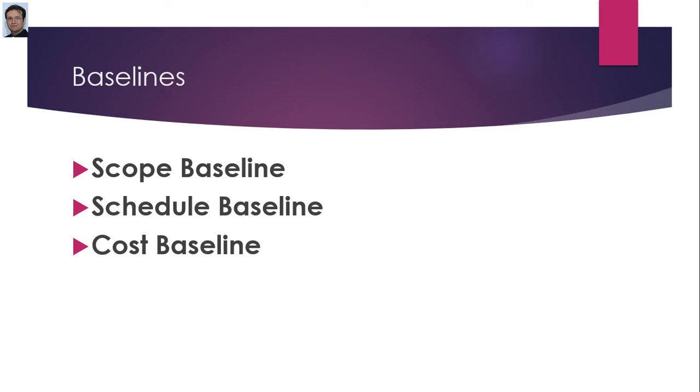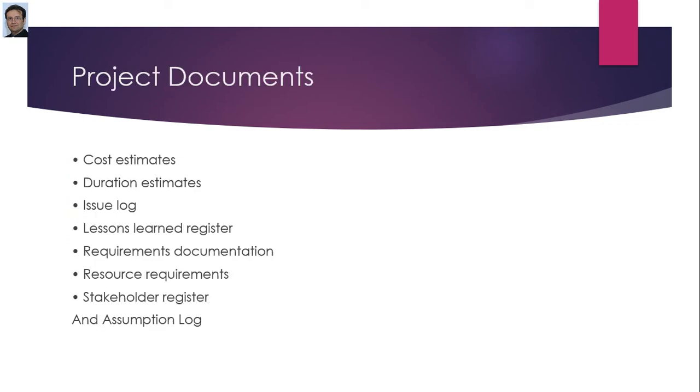So you need the scope baseline, the schedule baseline, and the cost baseline prior to starting your work on identifying risk for the project activities. And you need project documents like cost estimates. Cost estimates provide quantitative assessments of project cost, ideally expressed as a range indicating the degree of risk.